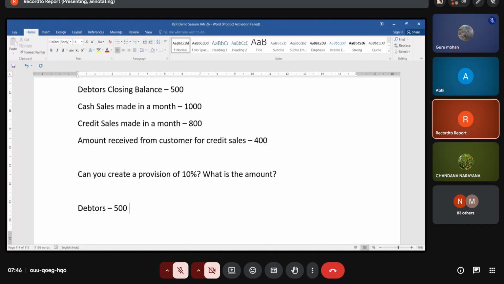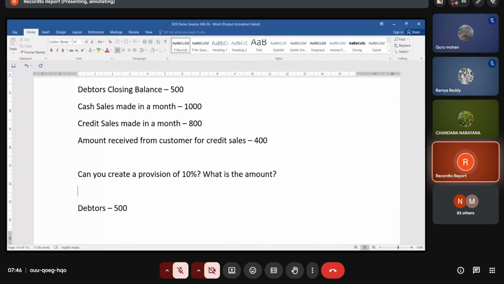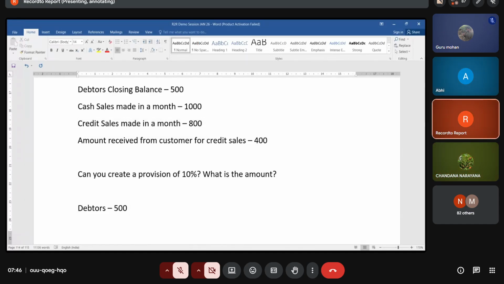It will be added, because it is credit and we are not receiving the money on time. And again, we made credit sales of 800 rupees. It will be added, guys.